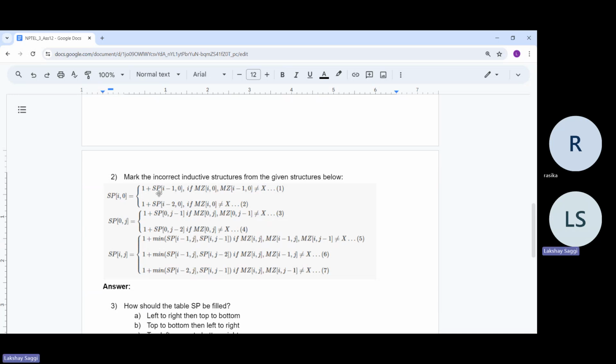So first we reach i-2, then we jump across i-1 to reach i. And this is what the problem is asking us.